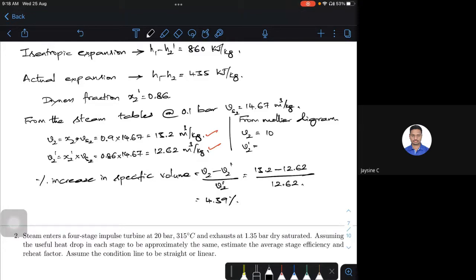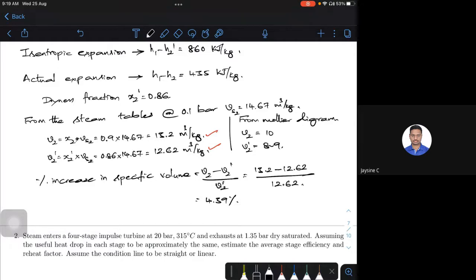What about others? Santrup? Anand? Getting around 8, sir. Some change around 8. Yeah, that's why I say a lot of error is involved here. Around 8 to 9. Even I checked it, sir. So if you take this value from the Mollier diagram, a lot of error is involved.